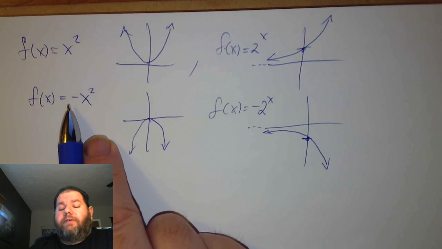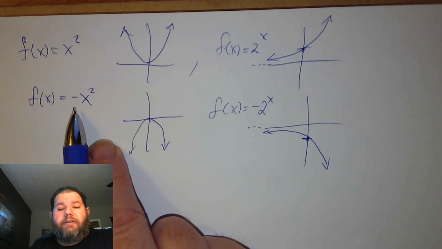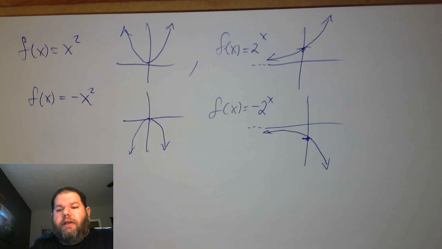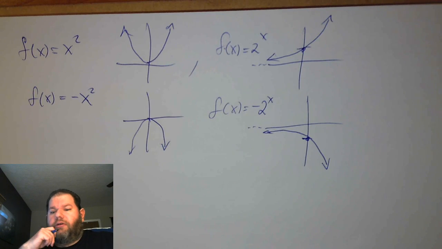Yeah, with the negative outside the function, the negative is affecting the y value, not the x value. So it's affecting the vertical location, not the horizontal location.